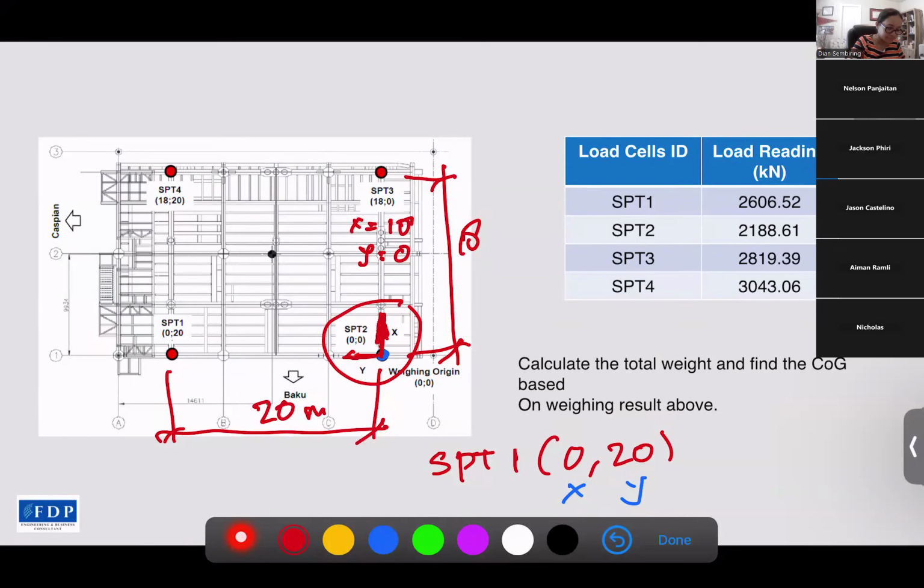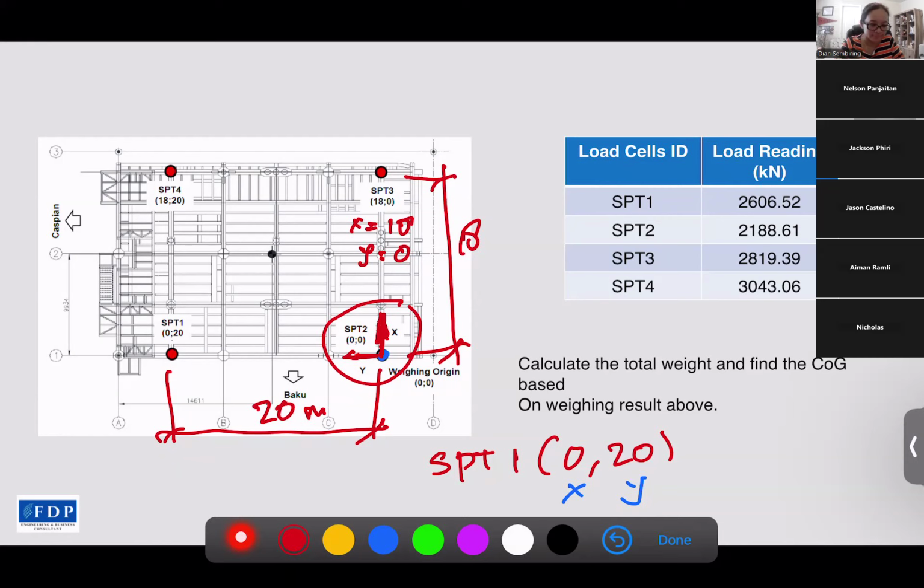Yes. If we use the compression weighing, one thing should be clear before we do the operation, and that is the weighing origin point. We should be clear about that so we know exactly where the compression load cells are located.